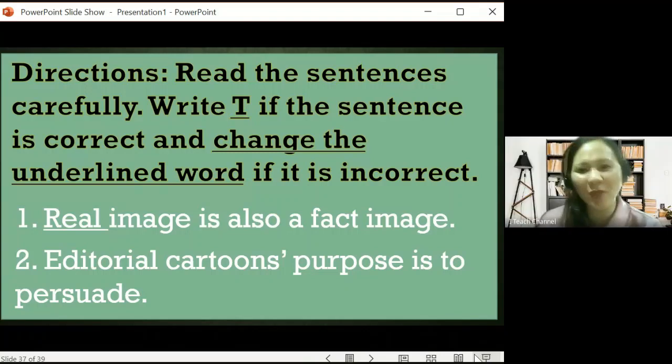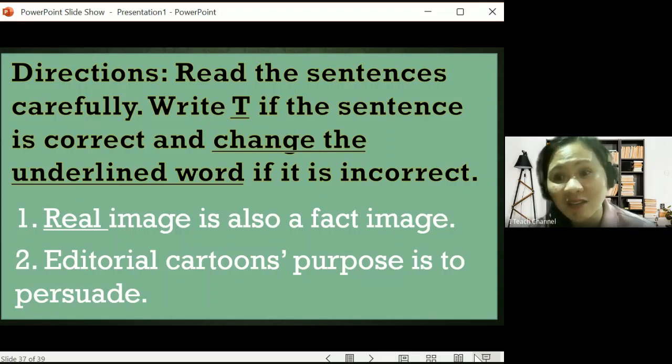Oh yeah, you have a point there. Actually, there are editorial cartoons that are used to entertain too. But this must be letter T. But your answer is correct, okay? That's okay too, because editorial cartoons' purposes are actually to persuade and to entertain, because some editorial cartoons can help us laugh, because they are humorous in nature.